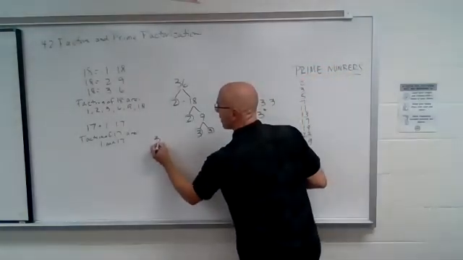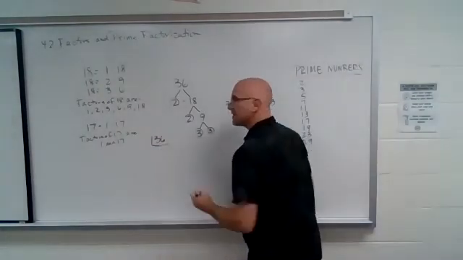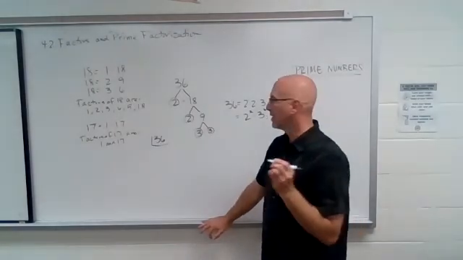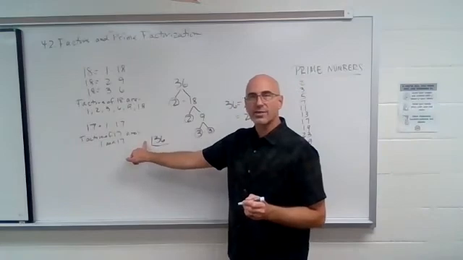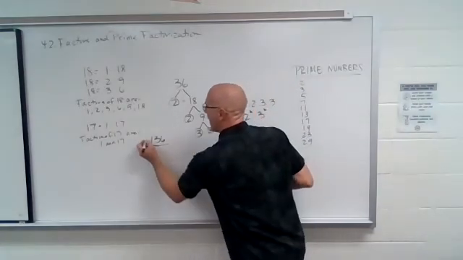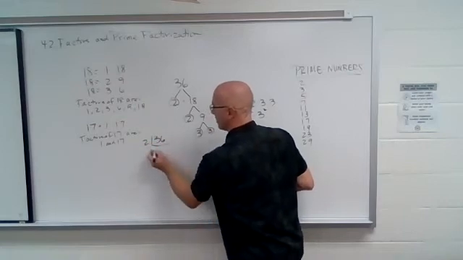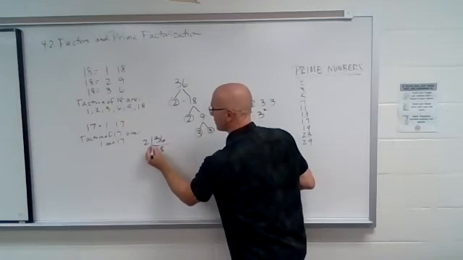I'm going to start with 36, and draw an upside down division box. What I'm going to start putting out here are some prime factors. I know that 36 is divisible by 2. 2 goes into 36 18 times.